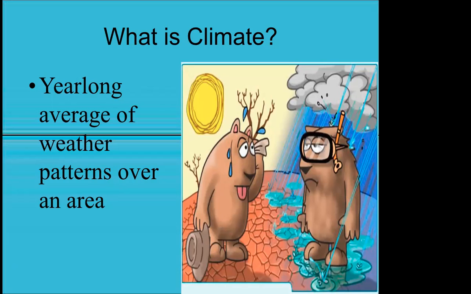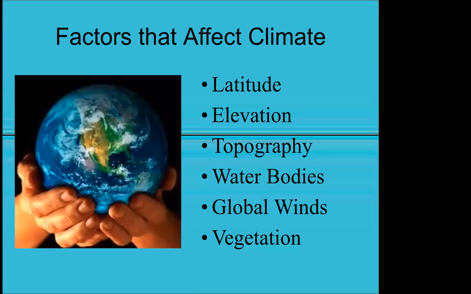Can some states or areas have similar climates? Sure. But depending on the location and the things that affect where that location is, makes the climate different. Some factors that affect climate are latitude, elevation, topography, water bodies, global winds, and vegetation. And we're going to talk about each of those specifically.